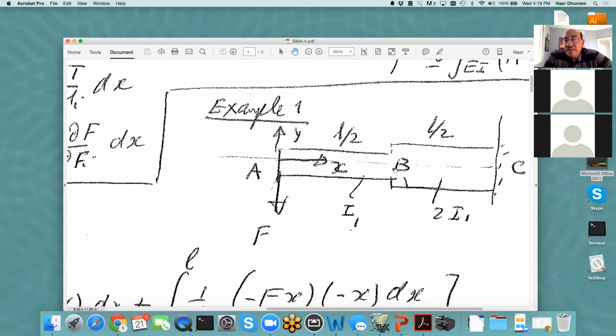The position here is L over 2. And if we start from the Q equation, these triangular brackets will have a power of -1. But if we integrate it once to the V, then the -1 becomes 0. If we integrate it another time to the moment, the power becomes 1, linear.